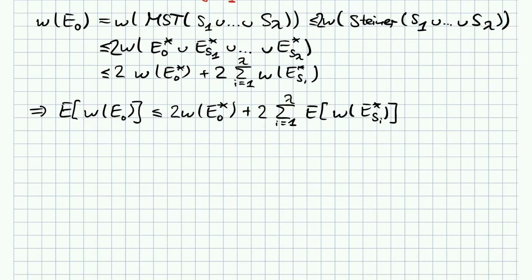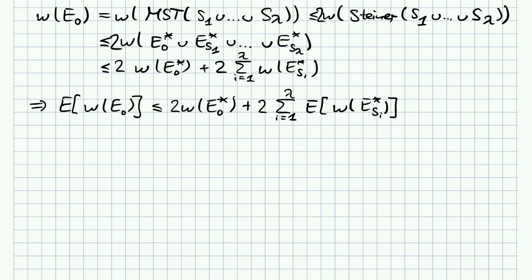And now there's one crucial thing, namely, where did our Si come from? Our Si was drawn from the exact same distribution that T will be drawn from. So we can say the expected cost that the optimal policy will have for the second stage when the terminal set is Si is exactly the same as when the terminal set is T, just because Si and T are drawn from the same distribution.